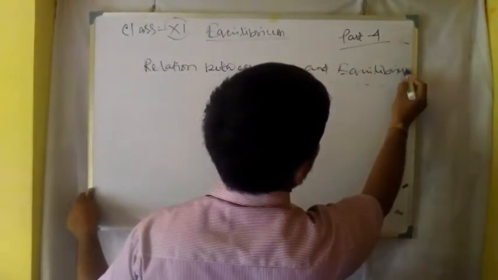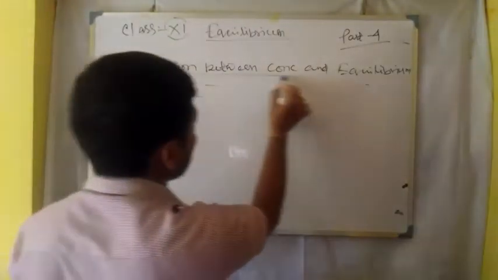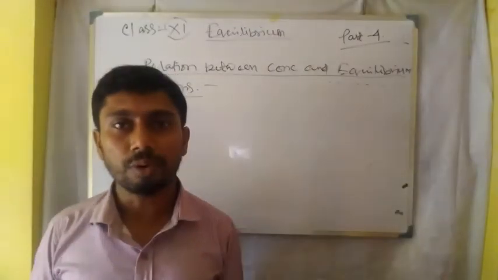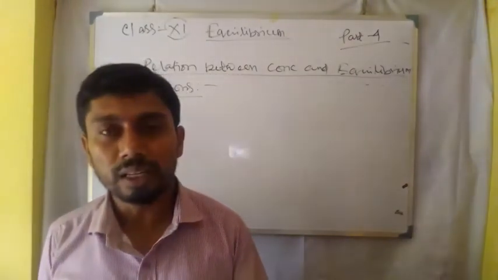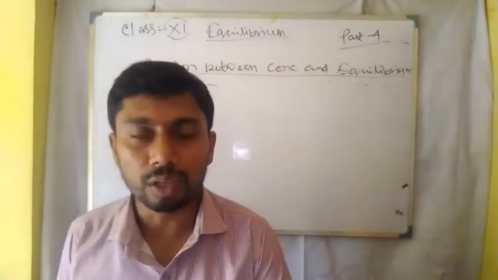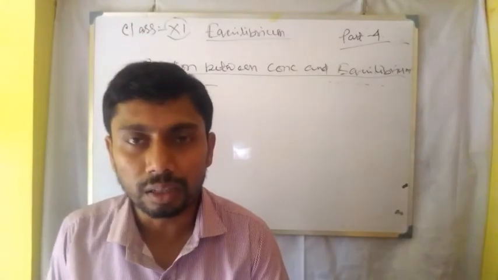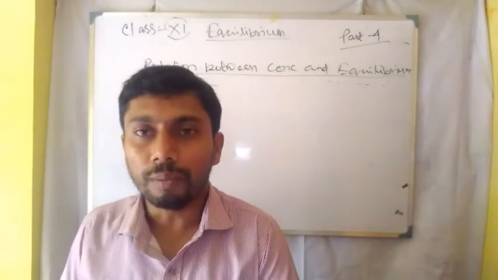I have told earlier that it depends on the reaction, that is, if the number of moles of reactants and products are different, then there is a unit for the equilibrium constant.